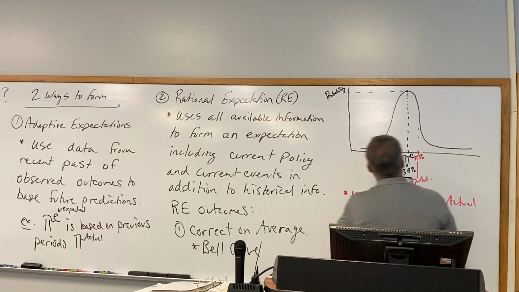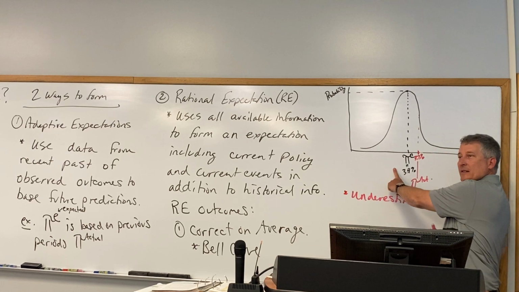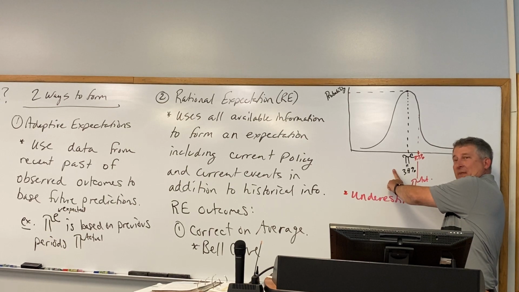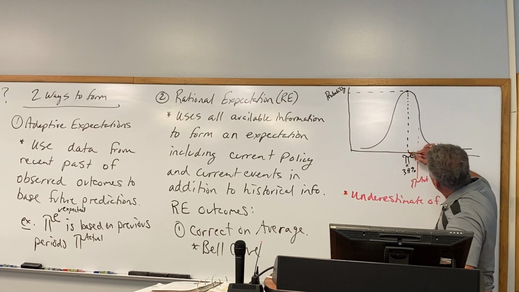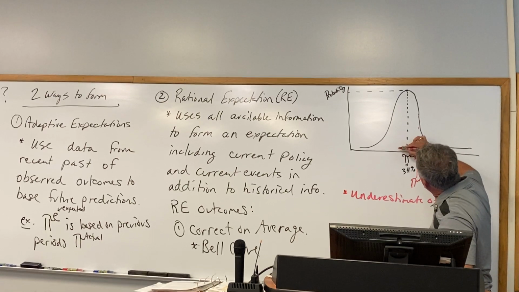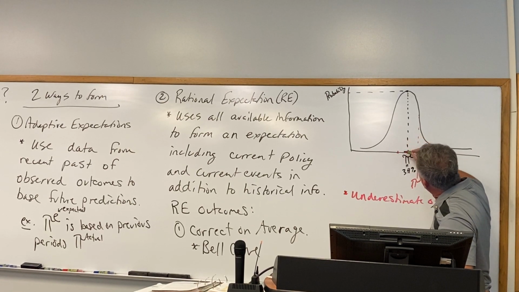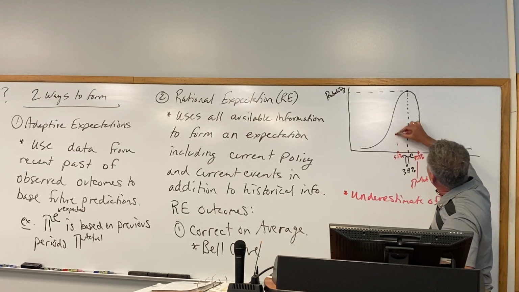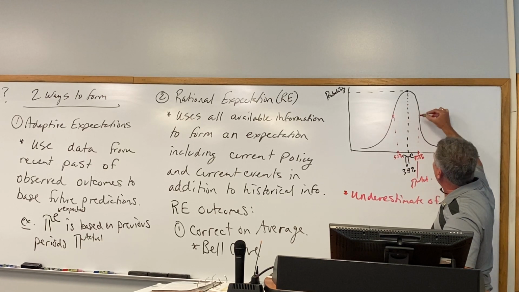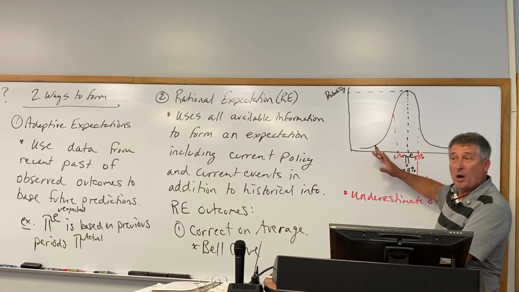All right, back to the bell. Could they have had 3.1? Could they have overestimated? Yeah, they could have overestimated as well. And so if this is 3.7 and this is 3.1, if I drew this really carefully, which I didn't, what the bell curve says is that they had an equal chance of being too high or too low.